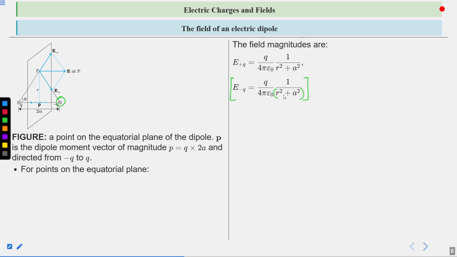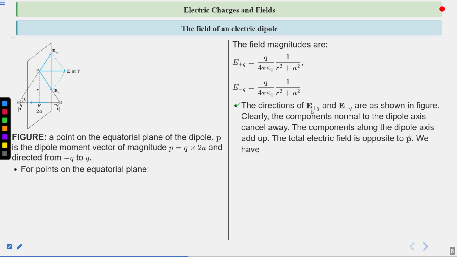Clear? Now this is the magnitude, and what will be the difference between the magnitude of the electric field due to charge plus q and due to charge minus q? There is no difference, because the magnitude term due to both charges is equal. Clear?